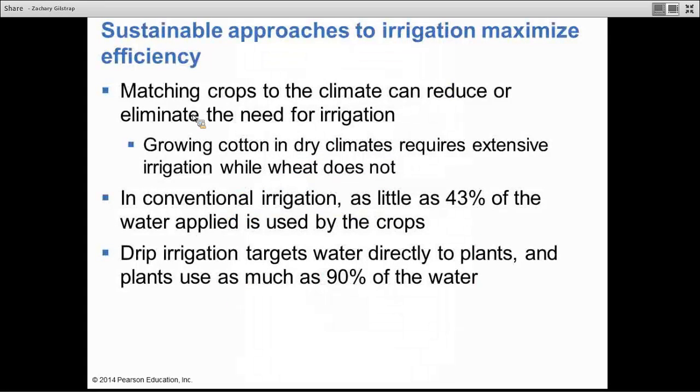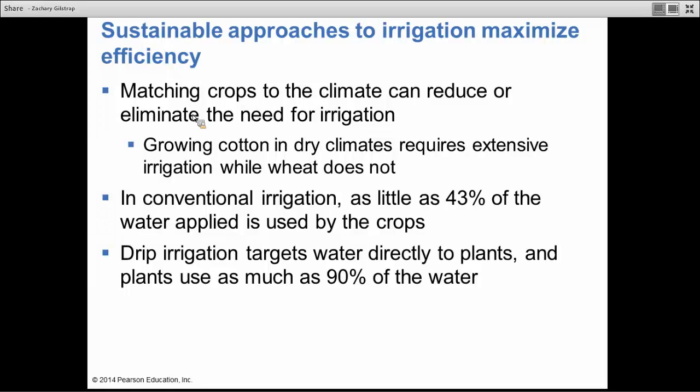Sustainable approaches to irrigation maximize efficiency, so matching crops to the climate can reduce or eliminate the need for irrigation. Growing cotton in dry climates requires extensive irrigation, while wheat might not. Also, with conventional irrigation, as little as 43% of the water used is actually applied to the crops.